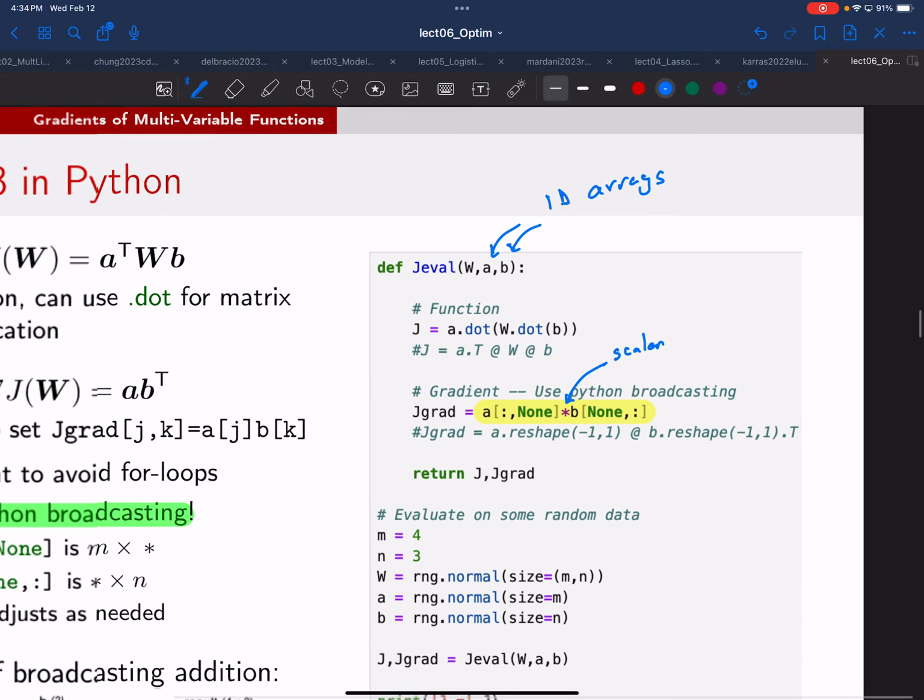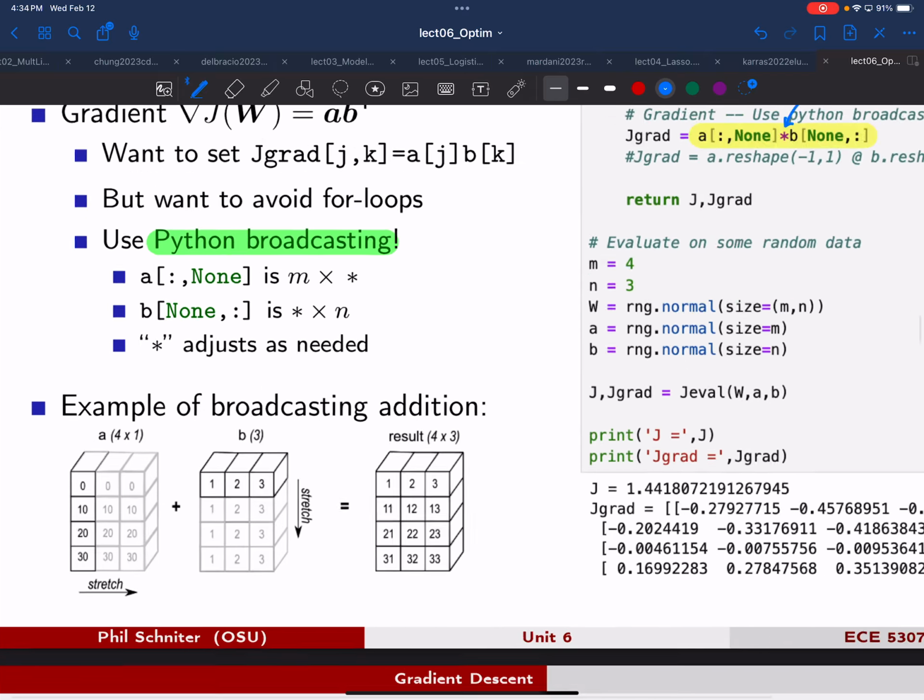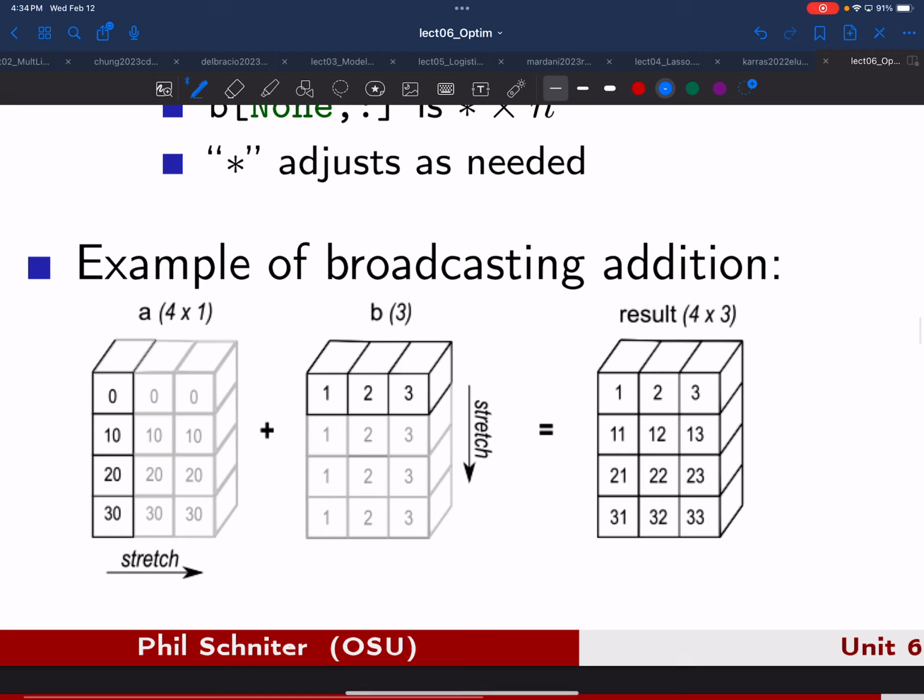Okay, so let me give you another example of this that I stole from the NumPy documentation, which is doing the same thing, but slightly different in that we're looking at addition. So here, we have a vector A that we want to think of as a column vector. We have a vector B that we want to think of here as a row vector.